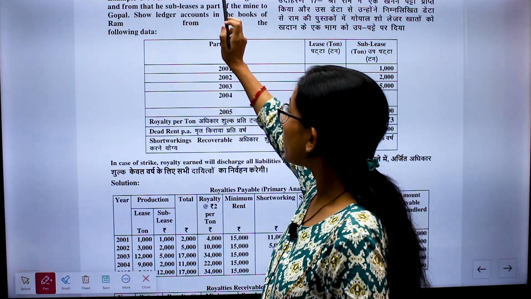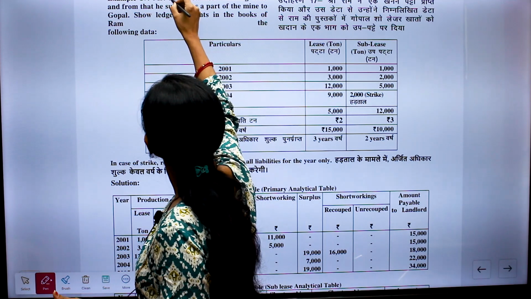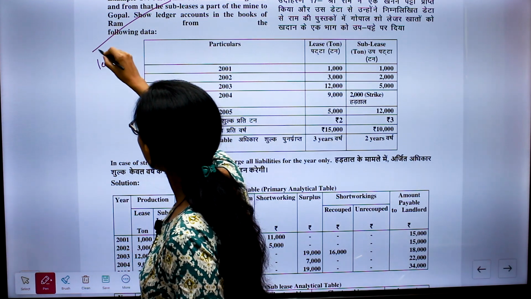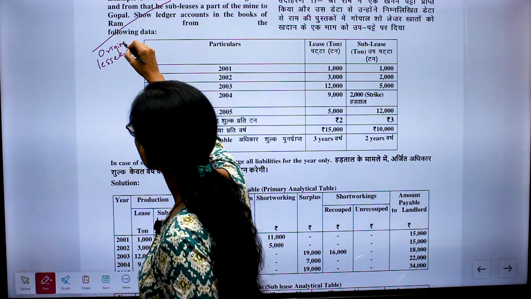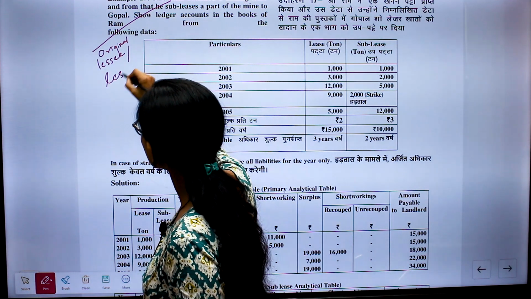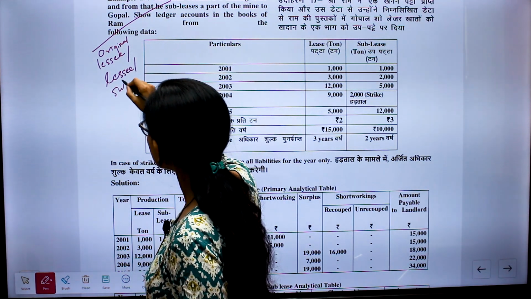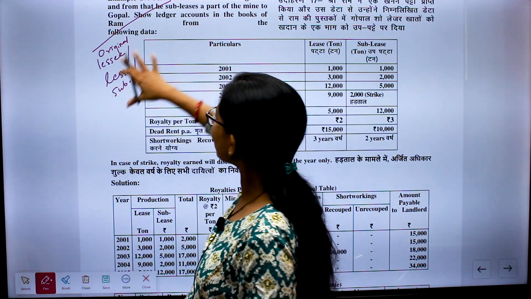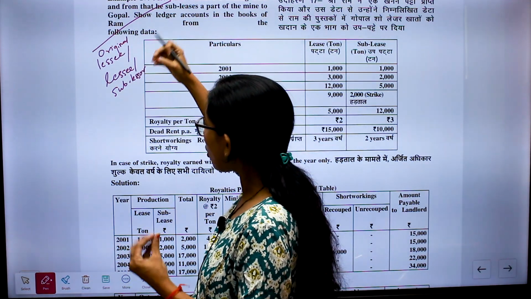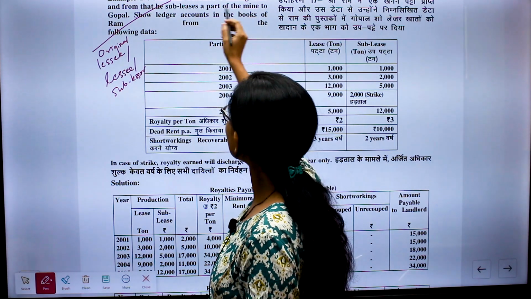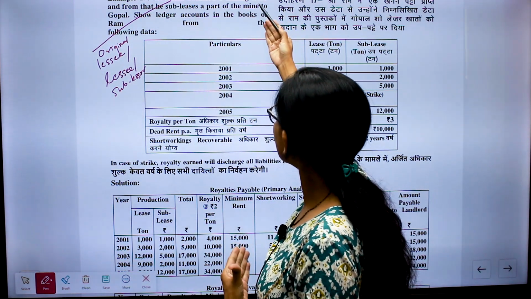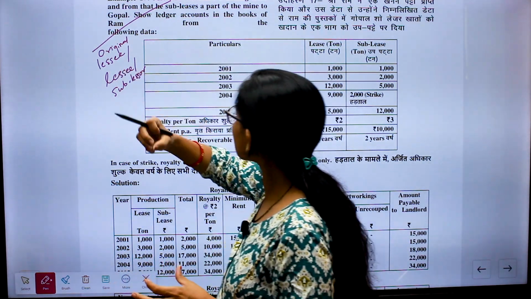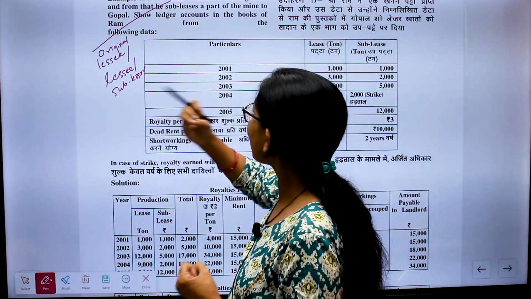So here Ram is the original lessee, or the sublessor for the sublessee. He obtained a mining lease, and from that lease he gives some part for mining purposes to Gopal.